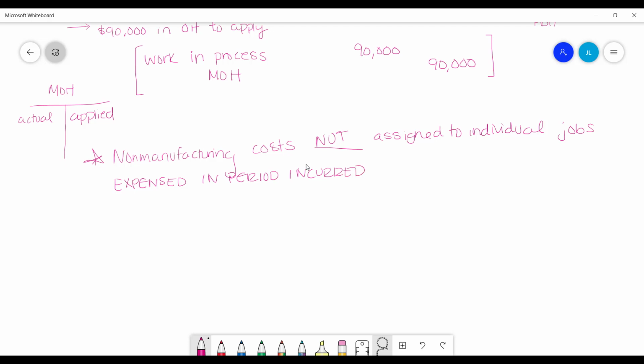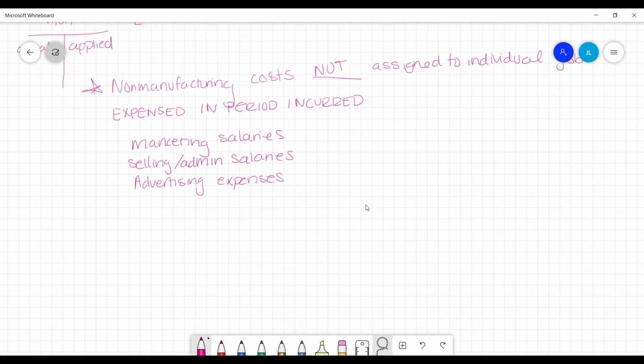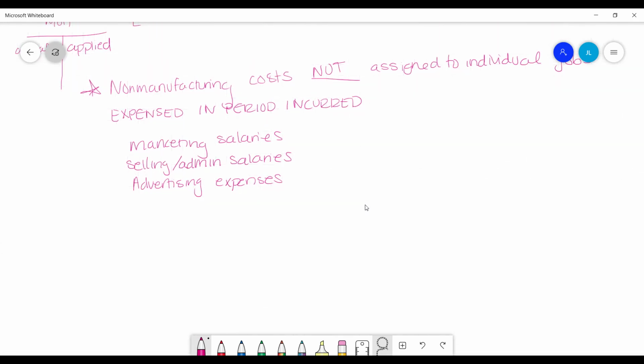So examples of these kinds of things would be the marketing salaries of the marketing staff and selling or admin salaries as an example of those employees, and even advertising expenses. Those are costs that have nothing to do with the manufacturing process. So they are expensed in the period that we incur them as opposed to being assigned or applied to a job.